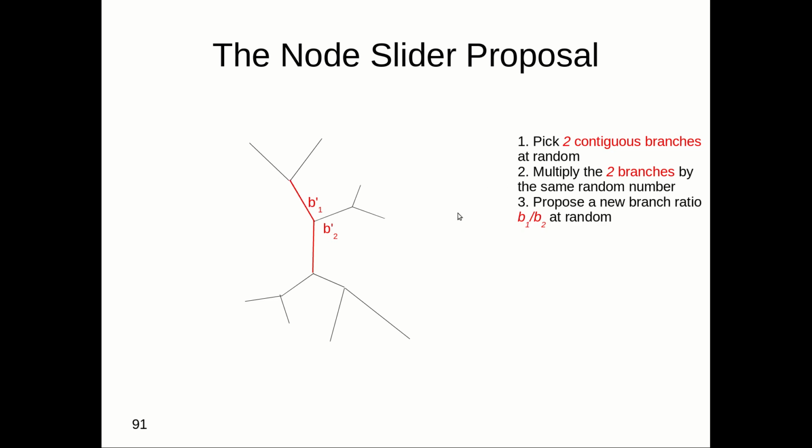And then in the third step, you propose a new branch ratio, B1 over B2, at random. So you change the proportion of one branch relative to the other. Right. And then you reevaluate the likelihood, so you calculate the prior ratio, the likelihood ratio, but also in this case the Hastings ratio, because the Hastings ratio of this move is actually not equal to 1.